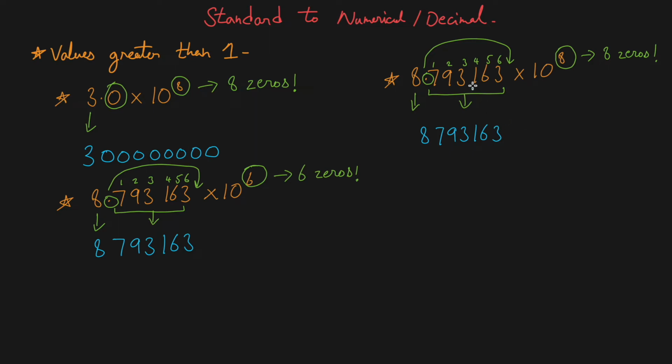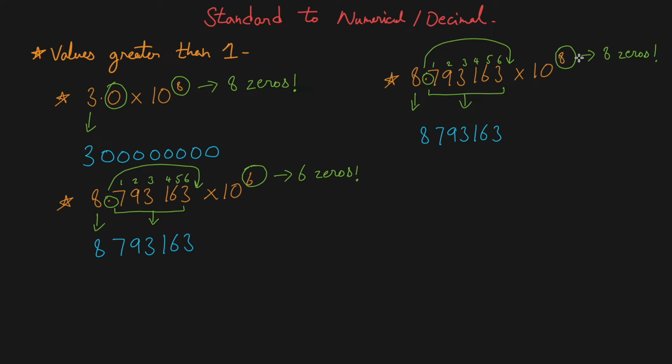But there's a problem. It only jumped 6 digits, and here we have 8. That basically means the decimal has to jump 8 digits, but instead we only have 6 digits. So the rest of the zeros, which is 8 minus 6, because we had only 6 digits for the decimal point to jump to the right.